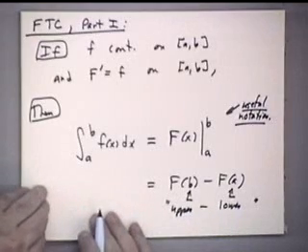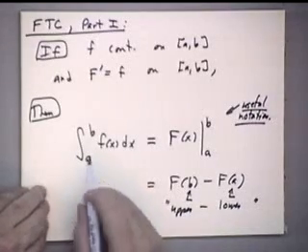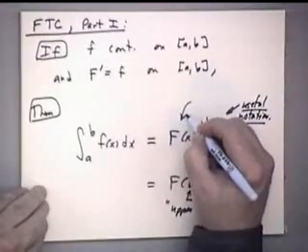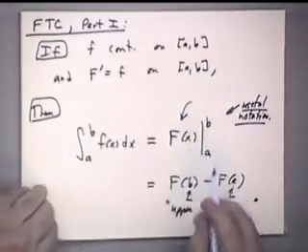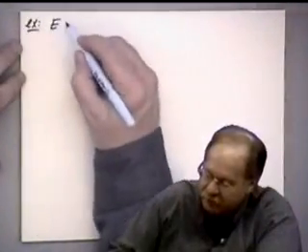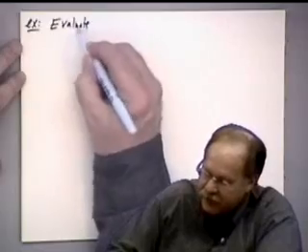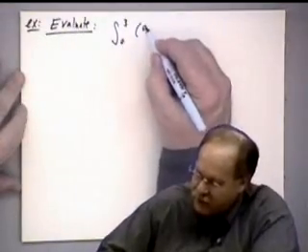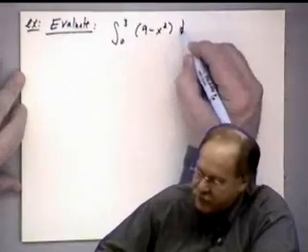Let me show you how this will be helpful in actually calculating definite integrals. The key, of course, is finding this, which is an indefinite integral. Here's an example. And this is what you will be doing from now on as you do definite integrals in various ways, shapes, and forms.